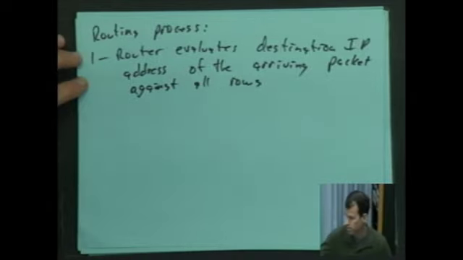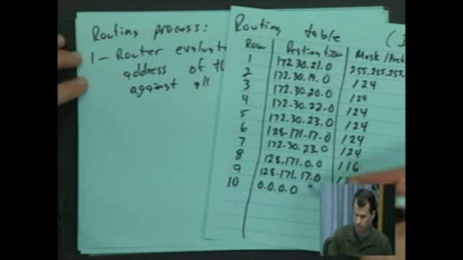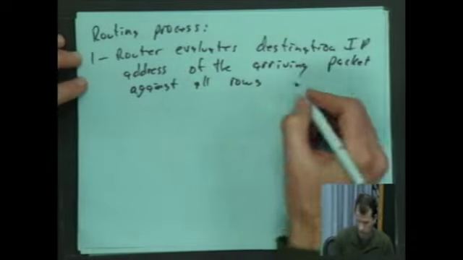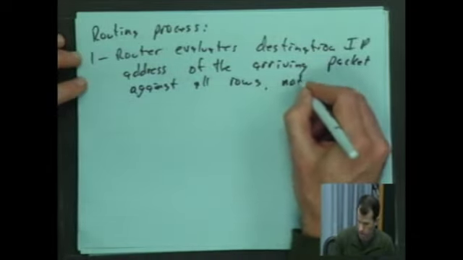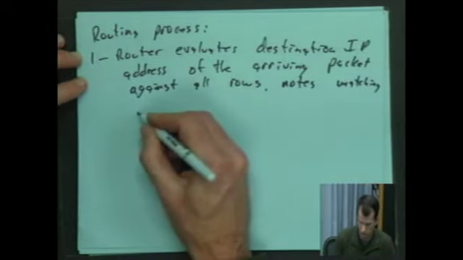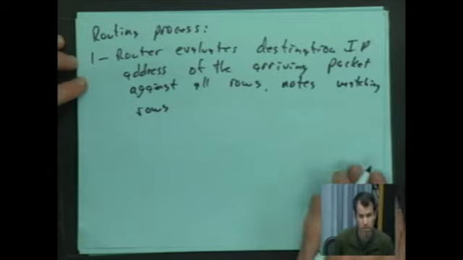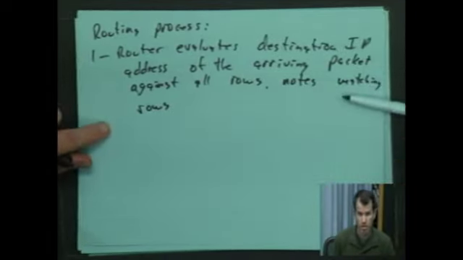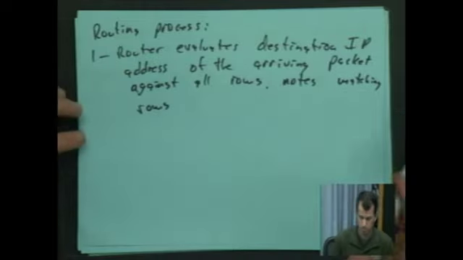Remember, it runs through every row. It's going to go through all 10 rows here. It notes matching rows. This is like a memory process: it does a quick evaluation and then notes the matching rows.